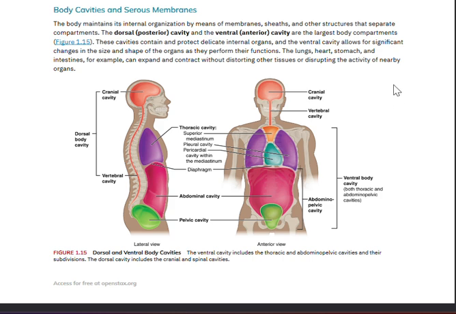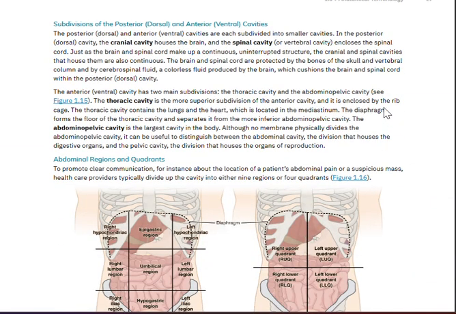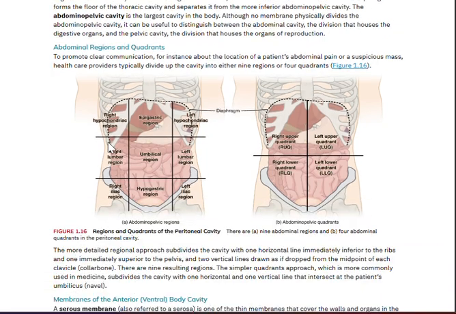The lungs, heart, stomach, and intestines, for example, can expand and contract without distorting other tissues or disrupting the activity of nearby organs. And it breaks down like this: cranial cavity, spinal cavity, thoracic cavity, abdominopelvic cavity.